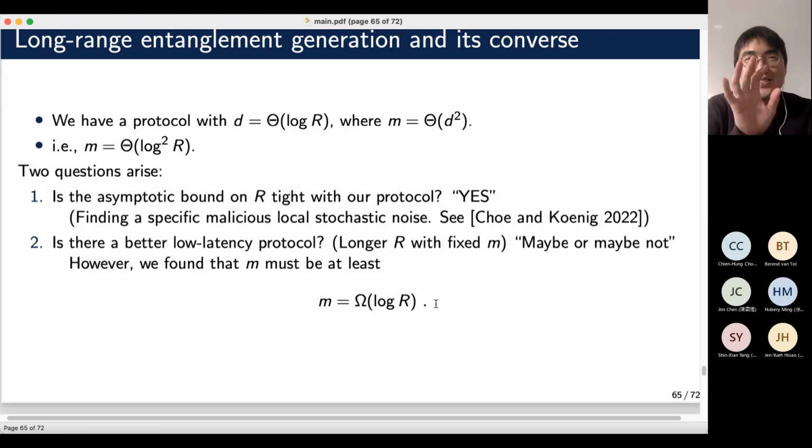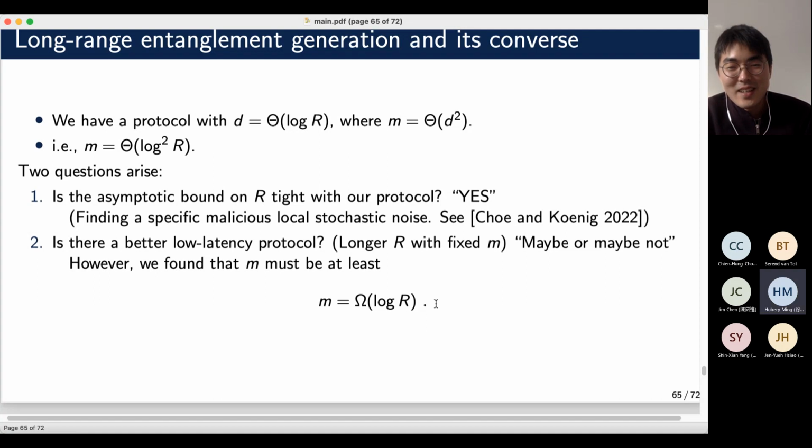So it consists of a unitary U, followed by measurement, except for two qubits in A1 and AR. And the depth of the circuit should be constant, with the restriction of geometrical locality.